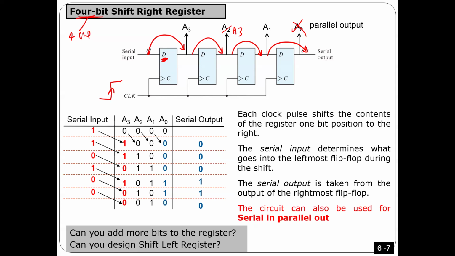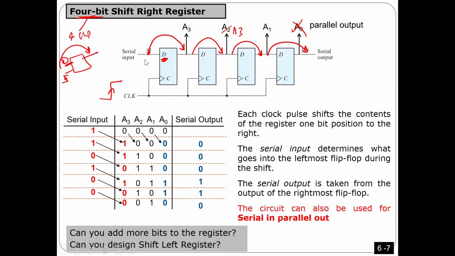The output of one of them is the input to the next one. Because that's how a D flip-flop works: whatever you have in D is going to go to the output every time you have a clock. That's why every clock you shift by only 1 bit.